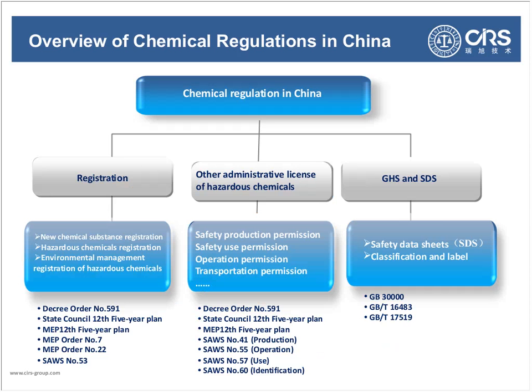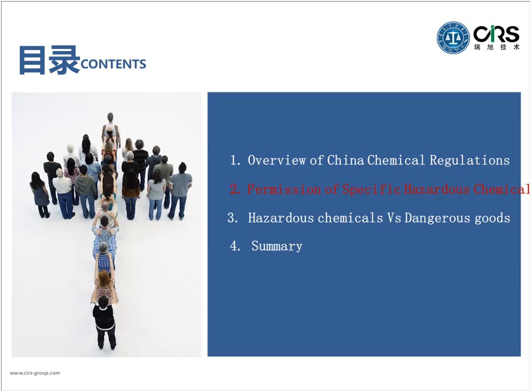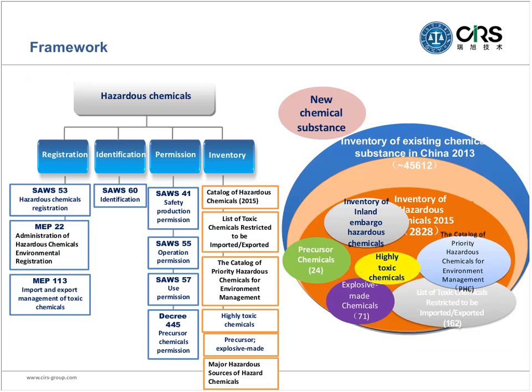Okay, so first we will talk about some obligations of registration of hazardous chemicals. From this framework, you can see that registration of hazardous chemicals includes hazardous chemical registration, administration of hazardous chemicals environmental registration, and the import and export management of toxic chemicals.